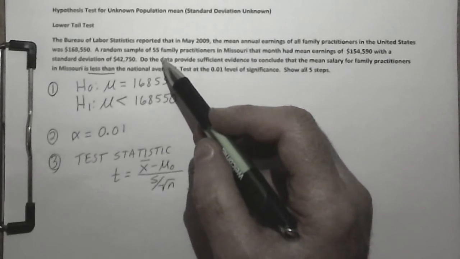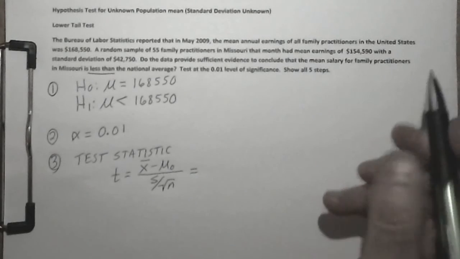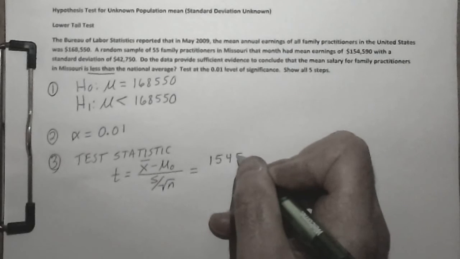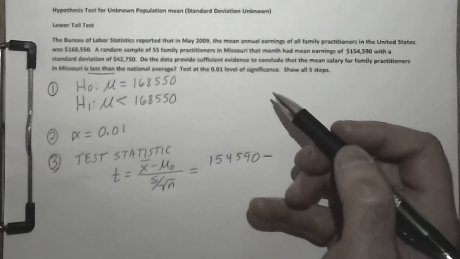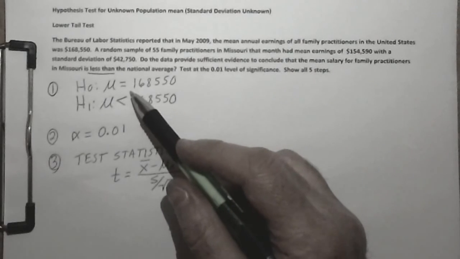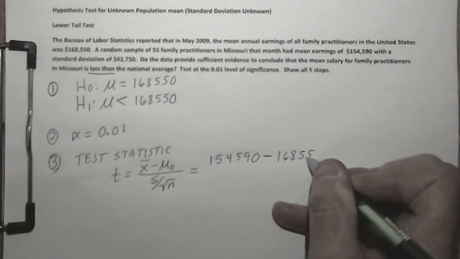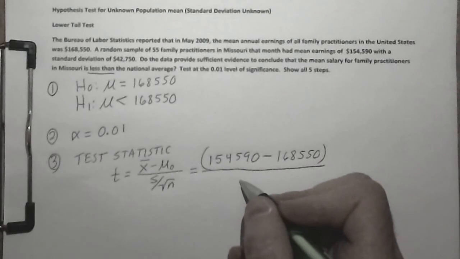Well, it says a random sample of 55 family practitioners in Missouri that month had a mean earning of 154,590. That's going to be X bar, 154,590. Then we're going to subtract off the purported mean salary under the null hypothesis for the population, which is 168,550. We'll take that difference and divide it by the standard error.